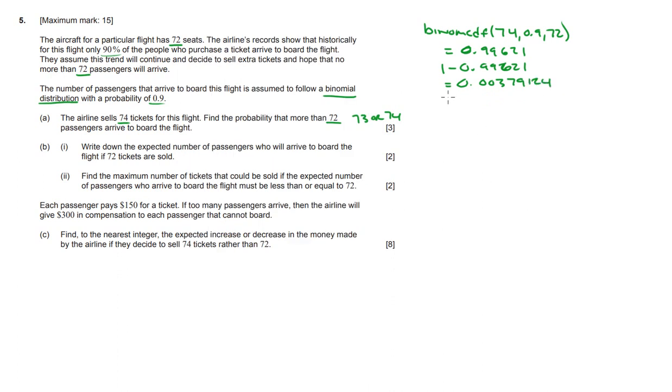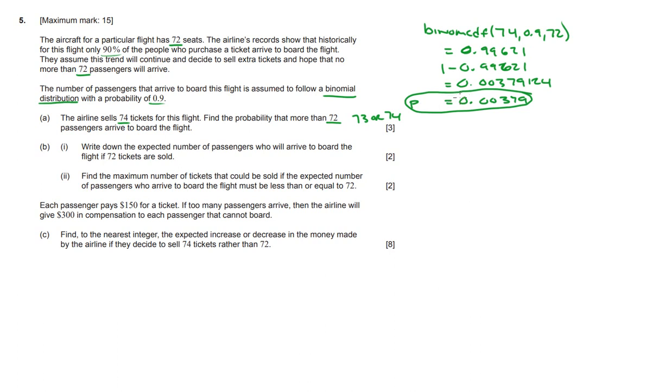So it does say find the probability that more than 72 passengers arrive to board the flight. We don't want to leave it as a percentage. We want probability. We want to leave it as a decimal, rounded to 3 significant figures, right? 0.003 is the first, 7 is the second, 9 is the third. So that would be the probability of more than 72 passengers.